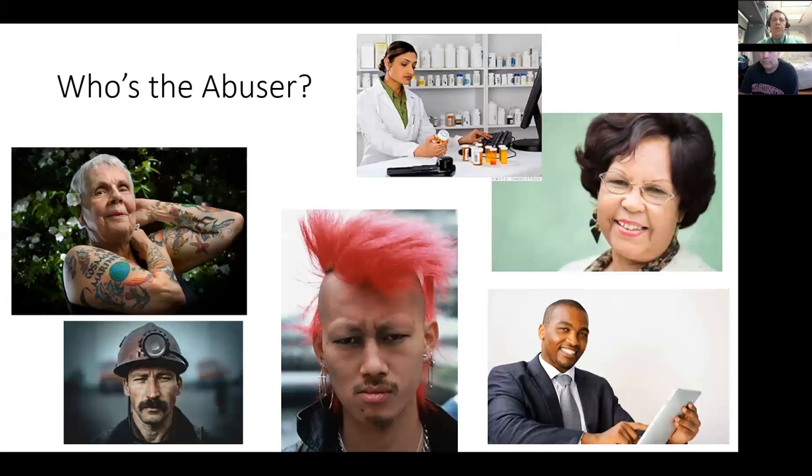I think this is always an issue that I certainly talk with student pharmacists about: who is the abuser? Like the old saying goes, you can't judge a book by its cover. There really is no pathognomonic picture of someone who's an abuser.